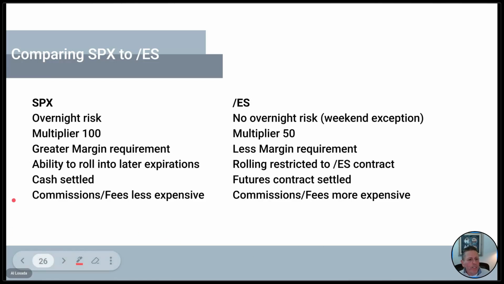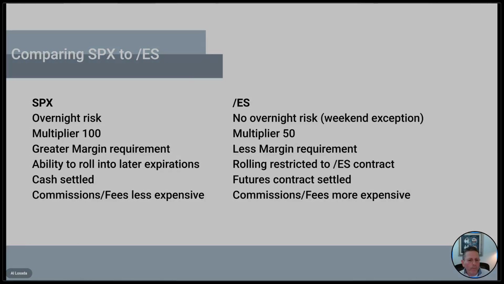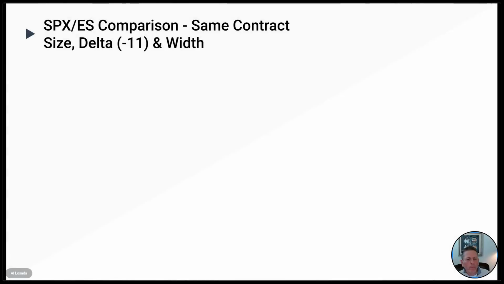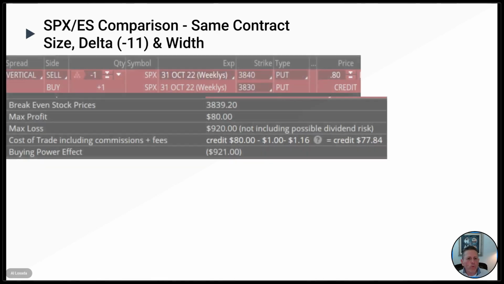Commissions are less expensive on SPX and more expensive on ES overall, but we're going to talk about this now. I'm going to give you a scenario between SPX and ES, and how that relates to what you're trading.